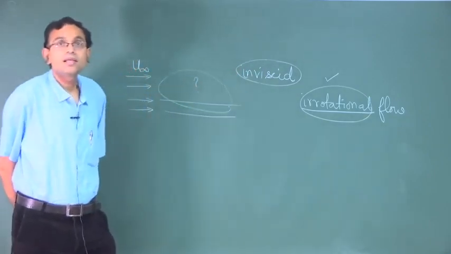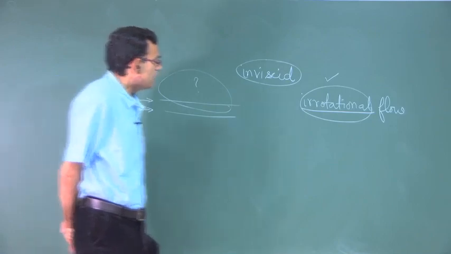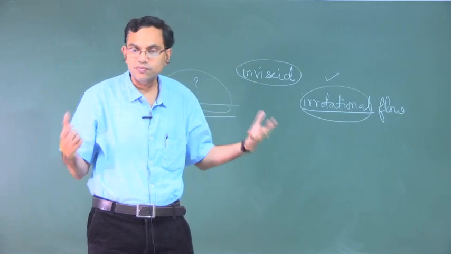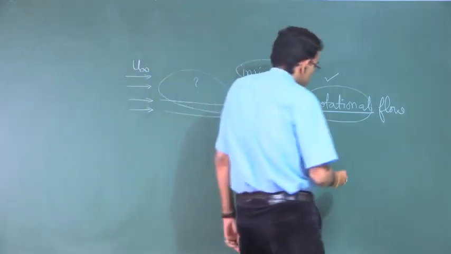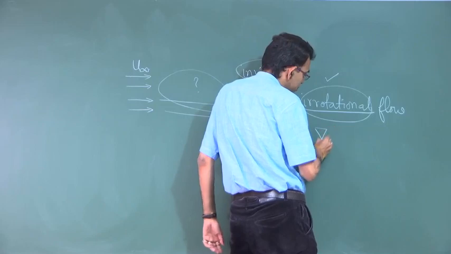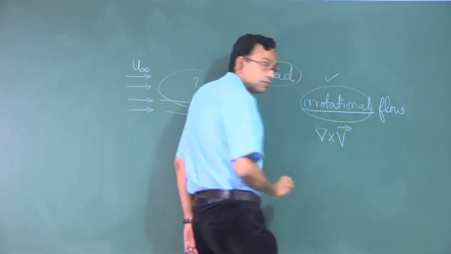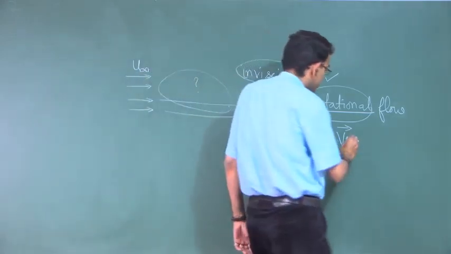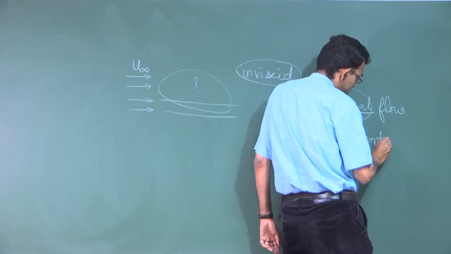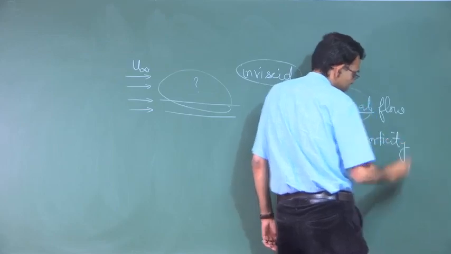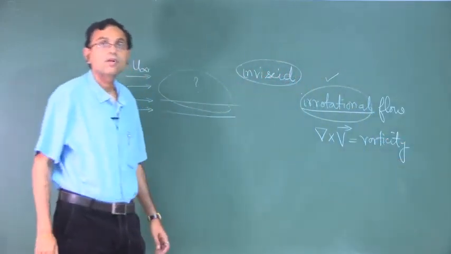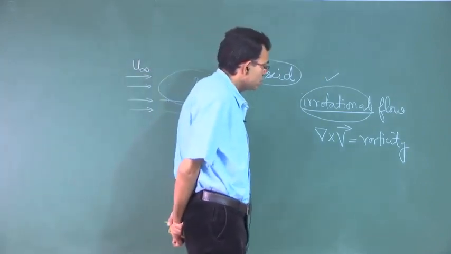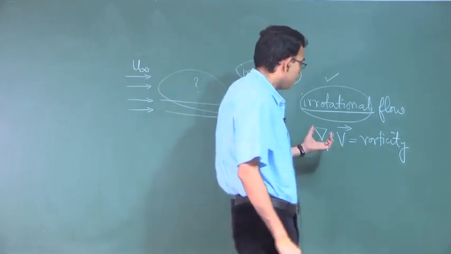This uniform velocity profile is clearly irrotational. What is irrotational and rotational flow? Let me just recapitulate if you have forgotten. The rotationality in a flow is described by the curl of the velocity vector, which is also called vorticity.